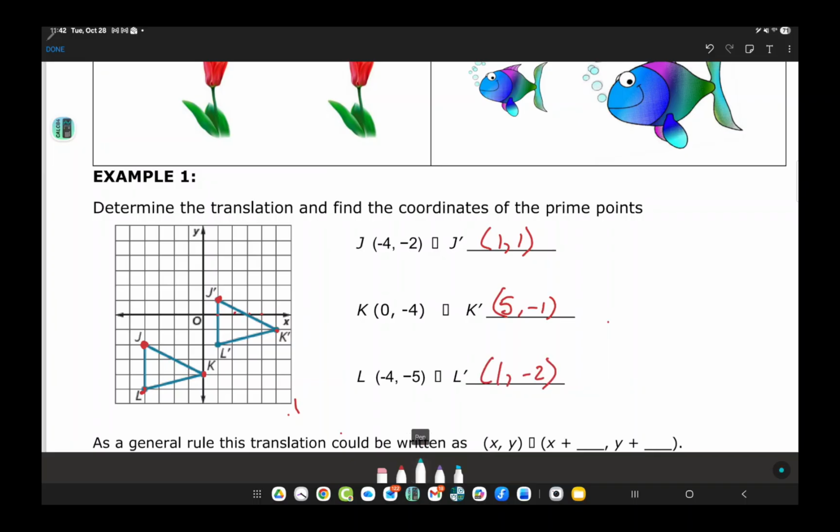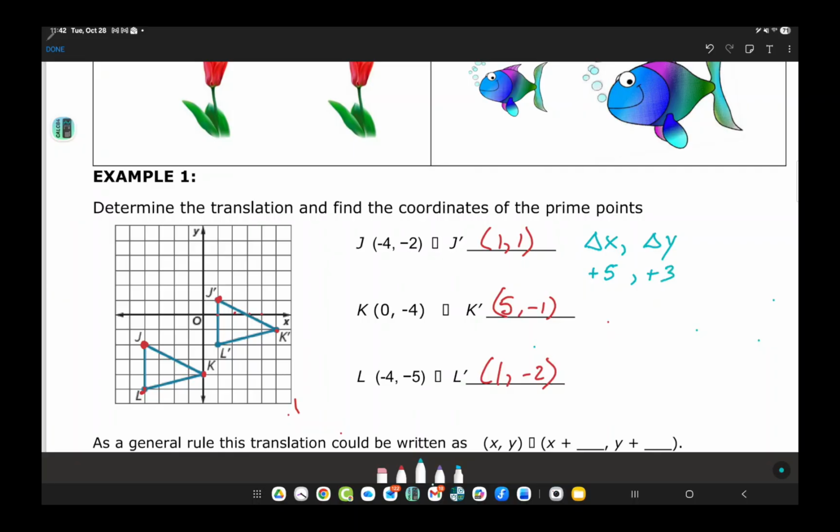So what I want to know is what is the change in X and the change in Y. So from -4 to 1, what is the change? Is it up or down? Up by how much? From -2 to 1, it is up by 3. So that is our transformation.